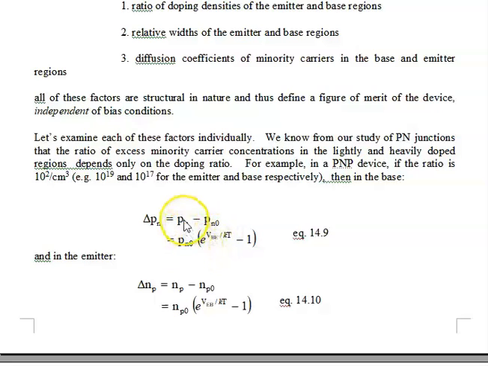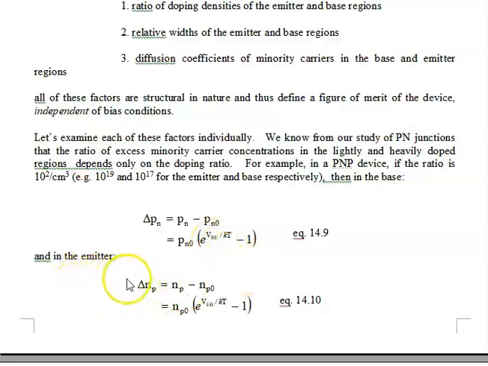The first term is the boost, and the second term is the equilibrium. So this is the amount that the equilibrium is boosted. For example, if VBE is 0.6 volts, this exponential would be 10 to the 10th, a very big number indeed.